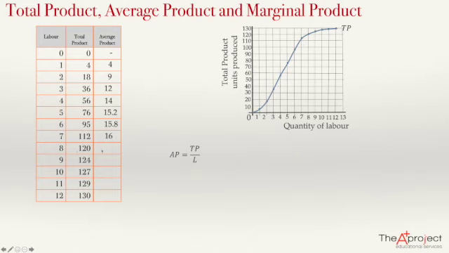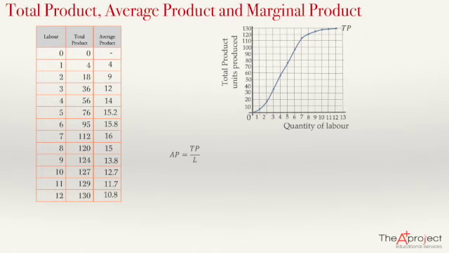120 divided by 8 is 15. Now we notice that there was a point when we get a maximum average product. And from now on, we are going to start decreasing this average product. So it will be 124 divided by 9 is 13.8. 127 divided by 10 is 12.7. 129 divided by 11 is 11.7, and finally 130 divided by 12, 10.8.